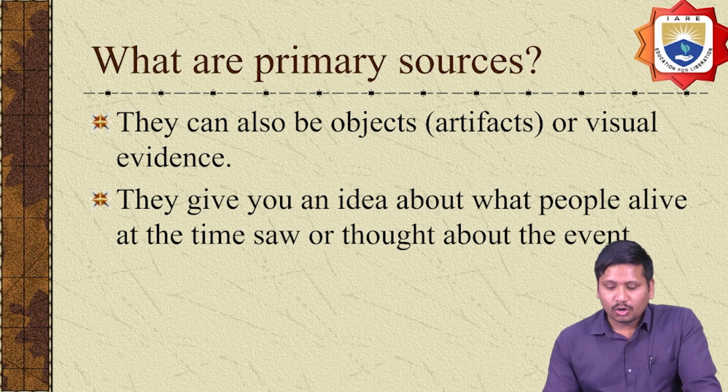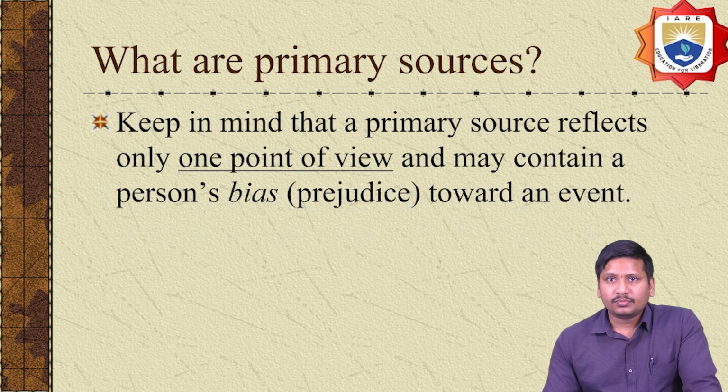The primary source can also give an idea about the people who were alive at that time, who saw or thought about that event. So the primary source may give some idea of who the people alive at that time were, and also give an idea about their thoughts about the event. So this comes under the primary sources.